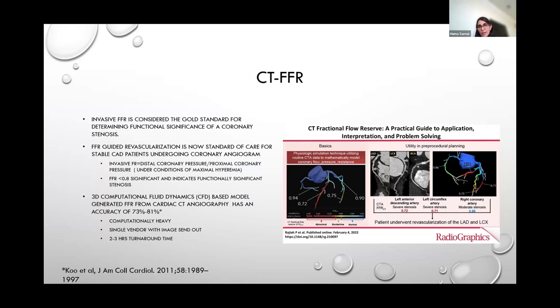And an FFR value, invasively in the cath lab, of less than 0.8 has been shown to be a metric for functionally significant stenosis. For about the last 10 years or so, we've been able to get these FFR values through CT angiography. But what this involves is the development of a very complex 3D fluid dynamic-based FFR model from the CT images.